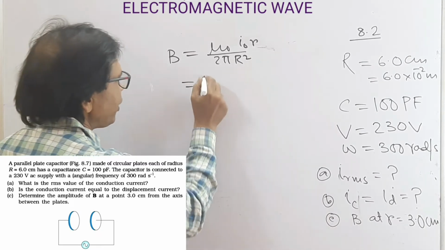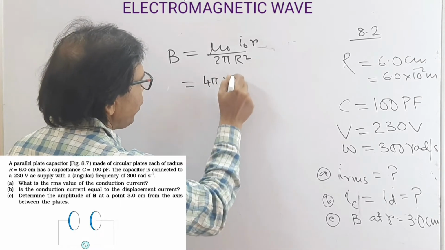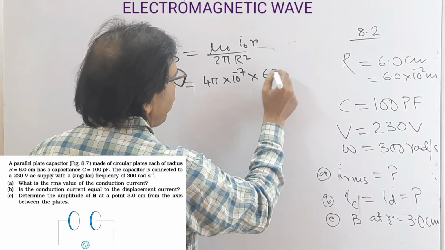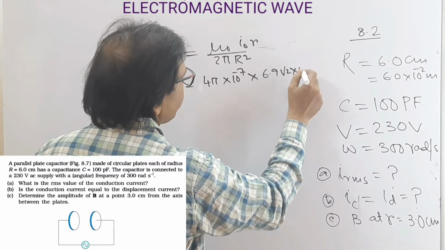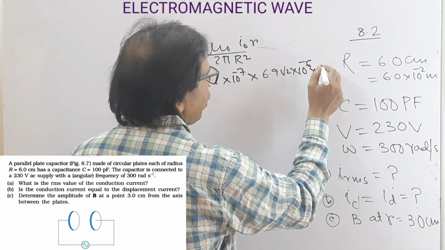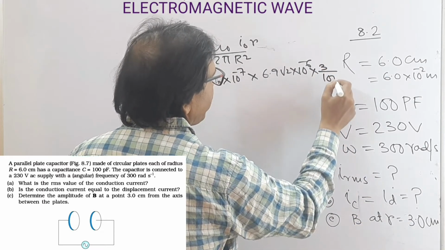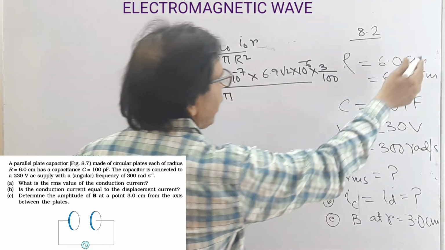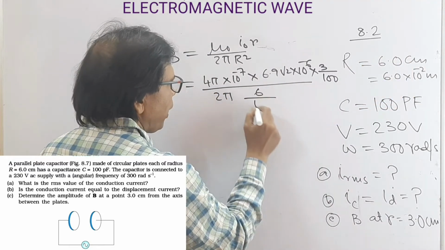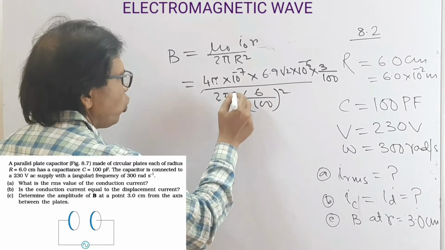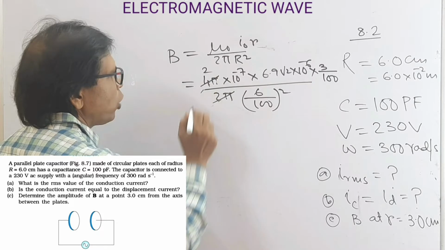So this is 4 pi into 10 to the power minus 7, and this is 6.9 root 2 into 10 to the power minus 6, and r equals 3 centimeter, so this is 3 by 100, and this is 2 pi, and R equals 6, so this is 6 by 100, squared. Okay, look at this, 2 pi and 4 pi, so these are 2.